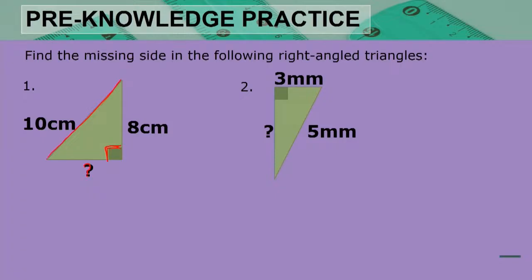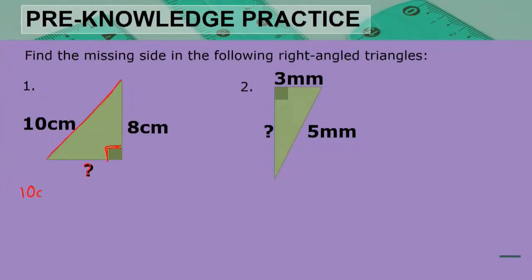Because this is a right-angled triangle, we are going to use Pythagoras to find the missing side. Pythagoras says that 10 centimeters squared should be equal to one side squared plus the other side squared. Because we don't have a value here, we can use a variable. I am just going to use x, but we know that whatever number is supposed to be there, it must be squared.